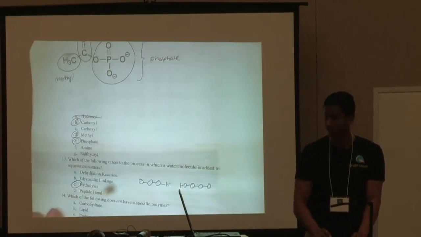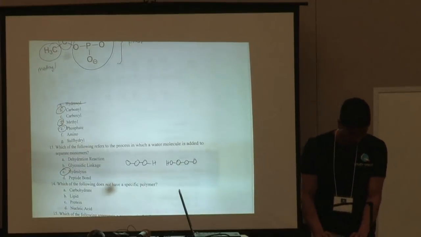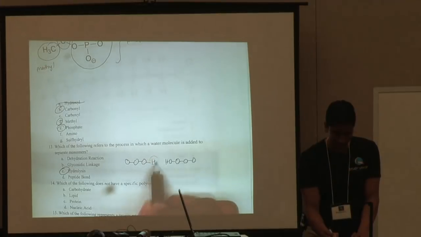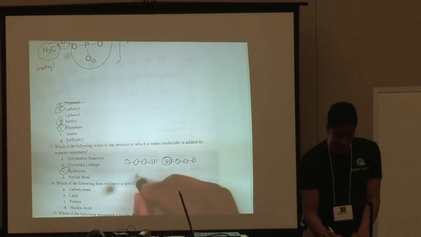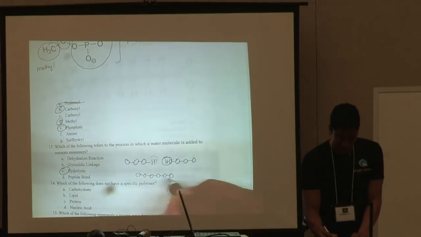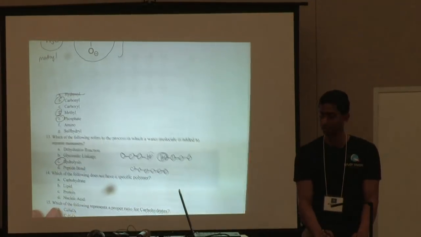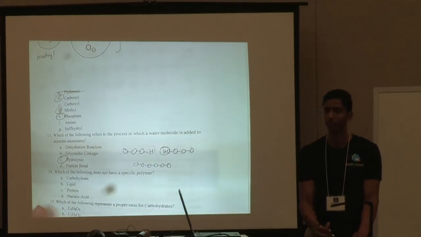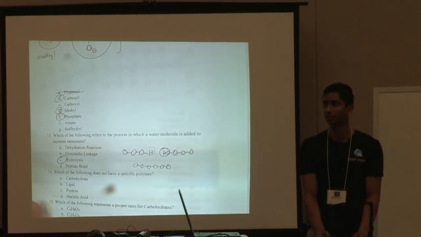These circles are the monomers. And you are breaking down these two. These two combine, and then you form this, right? So this is hydrolysis right here. Everyone good so far?